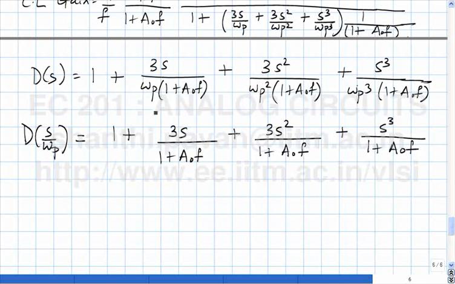I'll multiply the whole equation by 1 plus A naught F. Okay, we're trying to figure out where the roots of this beast lie. The suggestion is I multiply the equation by a constant, so obviously the location of the roots can't change. So 1 plus A naught F plus 3s square plus S cube must have the same roots as this equation.